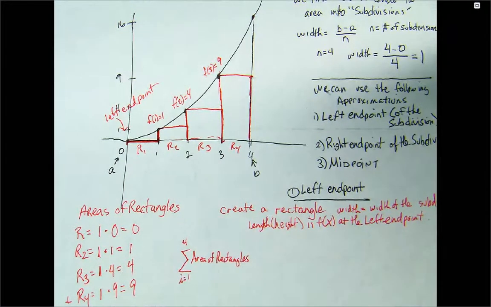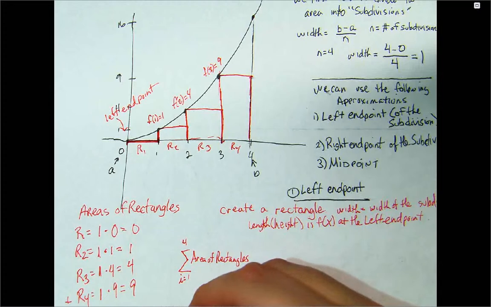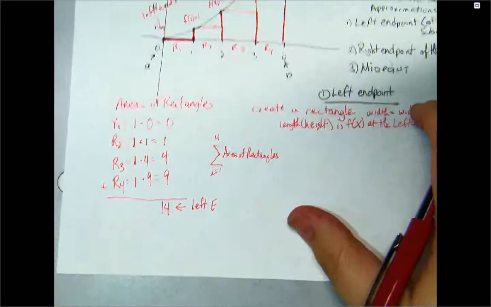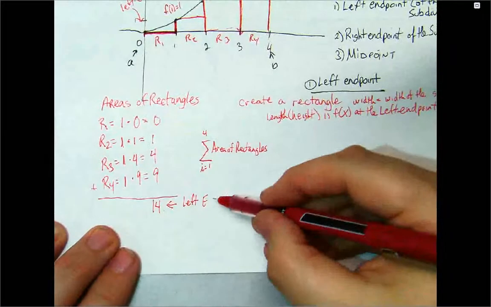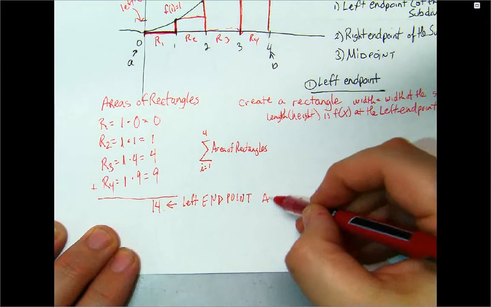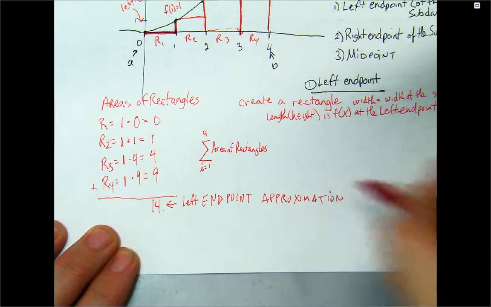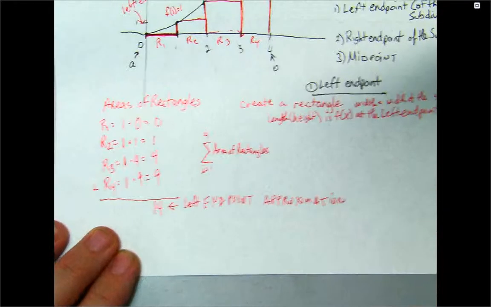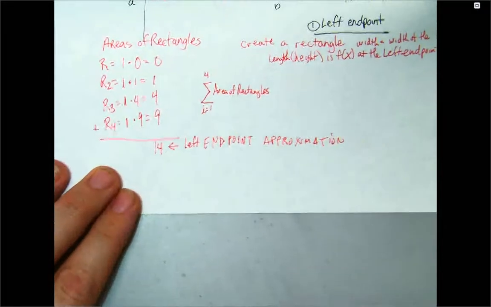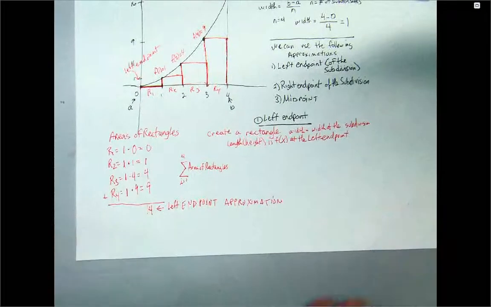So this is the left. That's your left endpoint approximation.